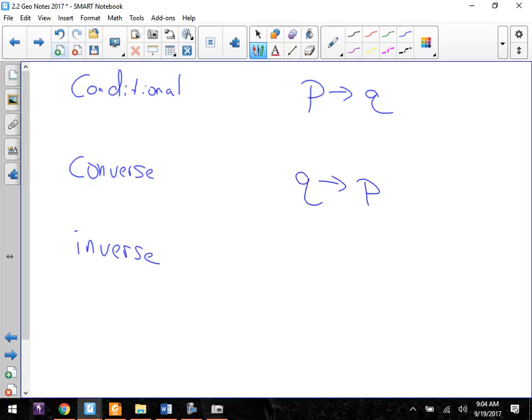It's just basically putting the word no in it. There's a symbol for the word not, because the word is too long. Not P implies not Q.